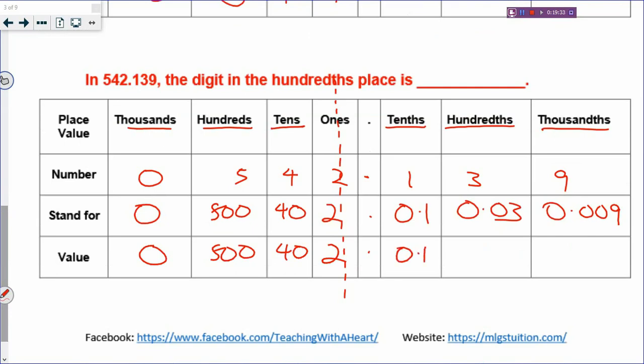So now you get your decimal already. Alright, before that it's all whole numbers. But once you cross the line of symmetry, it becomes decimal already, right? And then you have 0.03. What is the value of the digit 3? 0.03. And what's the value of the digit 9? That will be 0.009.